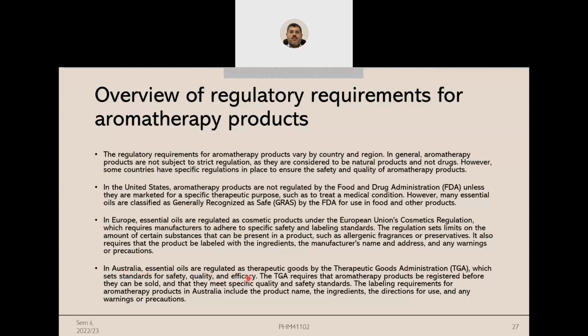In Australia, they are regulated as therapeutic goods by the Therapeutic Goods Administration, which sets standards for safety, quality, and efficacy. The products should be registered before they can be sold, and they should meet specific quality and safety standards. Labeling requirements also include that they should have product name, ingredients, directions for use, and any warnings or precautions, same as in Europe.